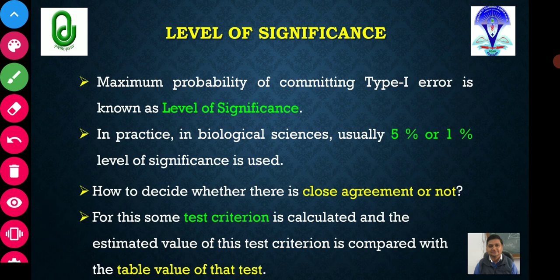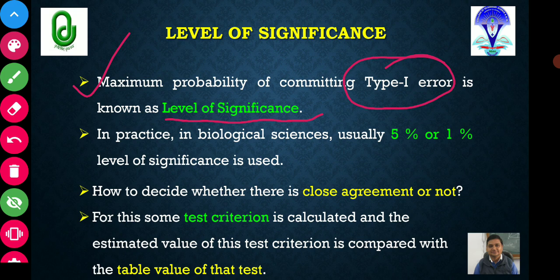Now, the maximum probability of committing type 1 error. Regarding the different types of errors, we will be discussing them in the next class. As of now, just remember that the maximum probability of committing type 1 error is known as level of significance. This is another definition for level of significance.